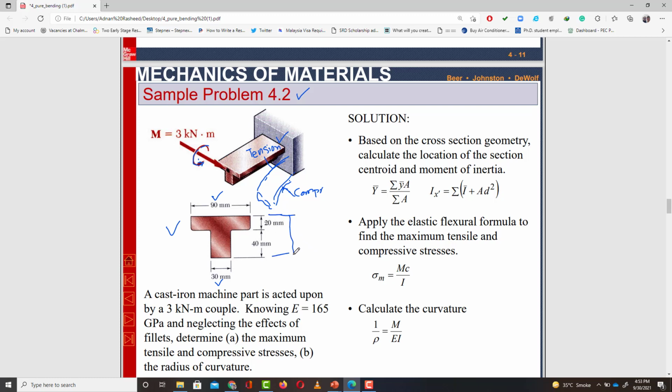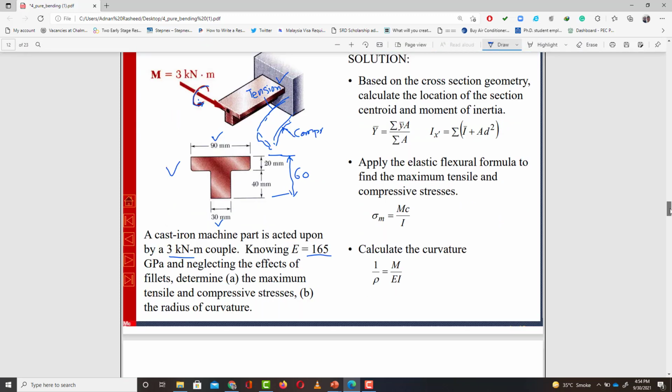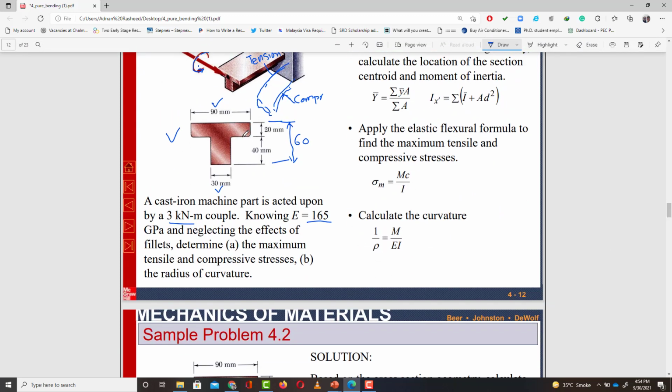Clear? So in the question it is given that a cast iron machine part is acted upon by a 3 kilonewton-meter couple, knowing that E is 165 gigapascal and neglecting the effect of the fillet. So you have to neglect this fillet effect.